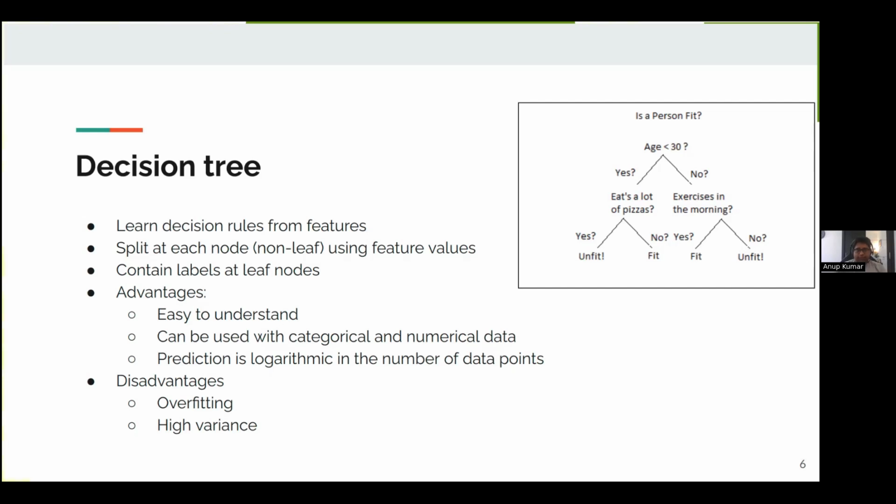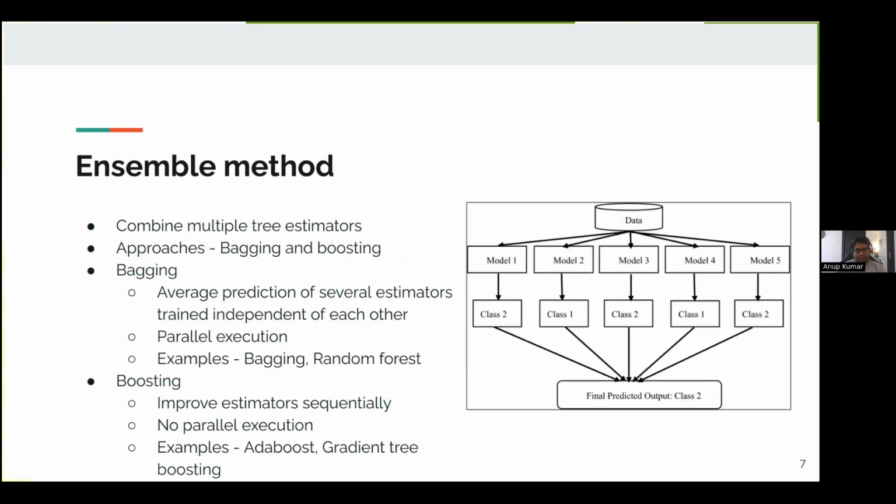This kind of implementation of decision trees becomes an ensemble method, which we can see here in this line. It combines multiple tree estimators, and the prediction of each estimator is taken into account for making the final prediction.